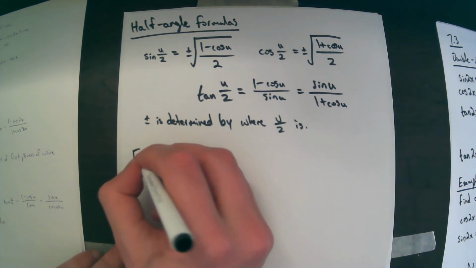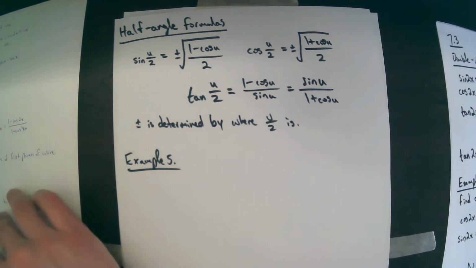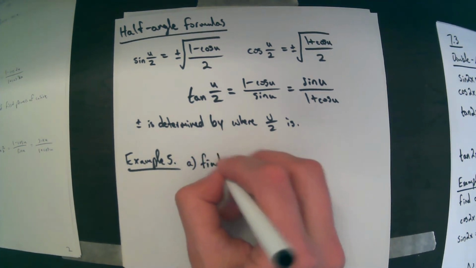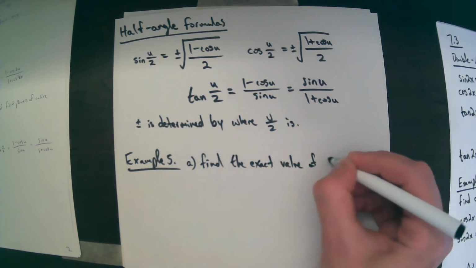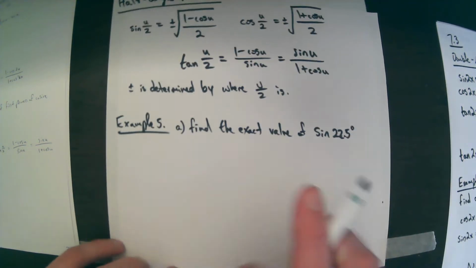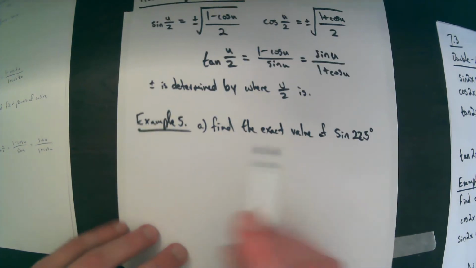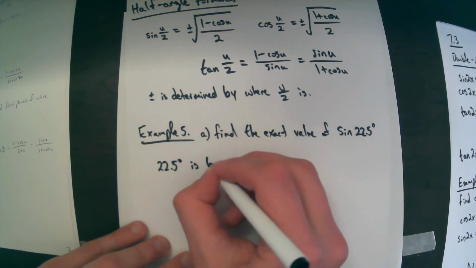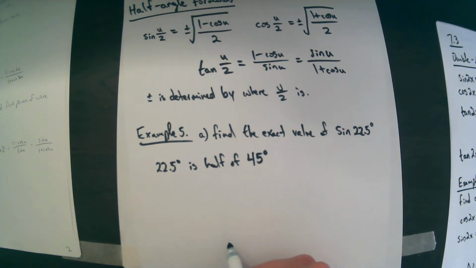Alright, let's do an example using these. We're actually going to do a few examples. Find the exact value of sine of 22.5 degrees. So you look at this and you say, I can't find the exact value, it's not a special angle. But then you realize, wait a second, 22.5 degrees is half of 45 degrees, which is a special angle.